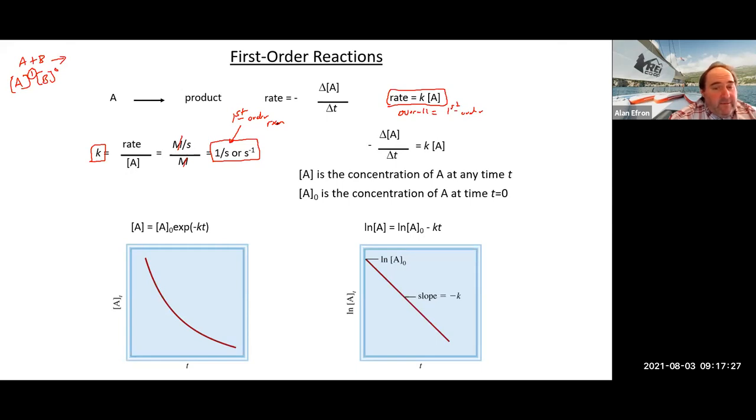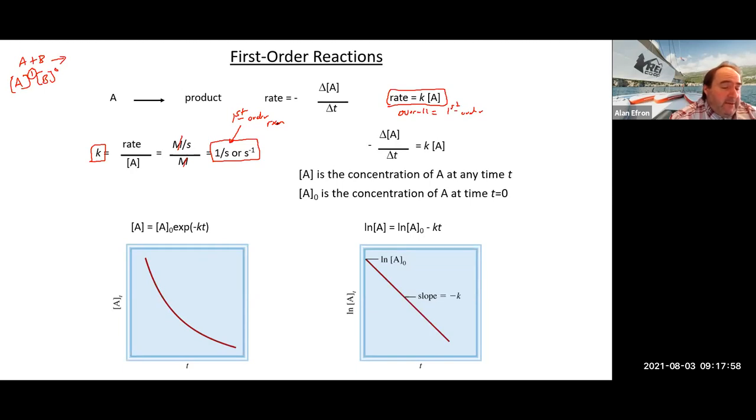Why is that important? Because if the reaction is first order and you're trying to determine how a concentration is changing with time, there is a specific first order equation that you use to do that, which is different than a zero order equation, which is different than the equation you would use if it was a second order reaction. So knowing the units of the rate constant and what they mean is really important.